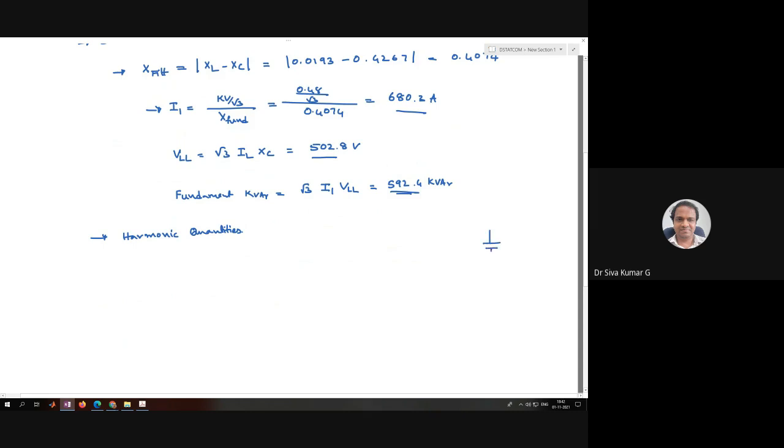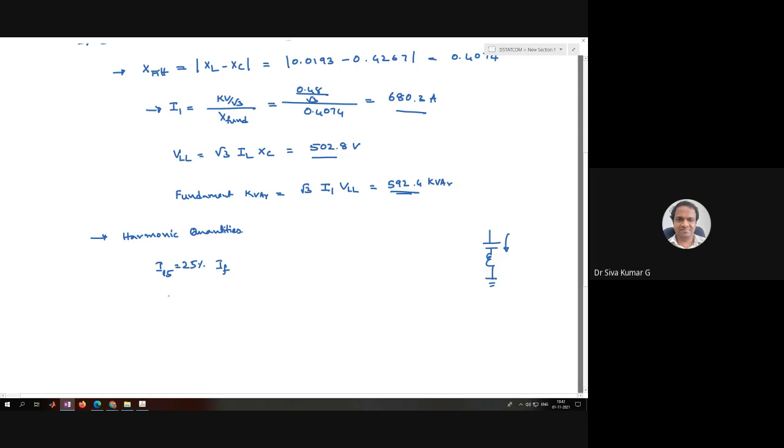In the passive filter, the fifth harmonic current is going to flow this way from the load also. So we need to find out the fifth harmonic current. The harmonic which has been given is 25% of the load fifth harmonic current. Load fifth harmonic current is 25% of the fundamental current. We'll try to evaluate with respect to the fundamental current.